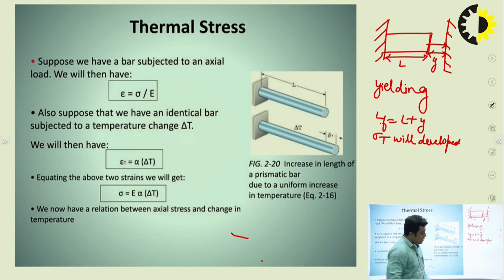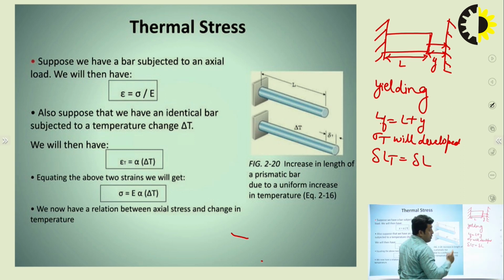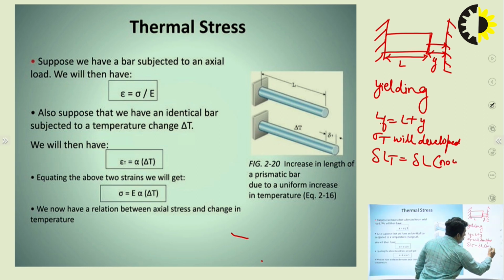Now, for solving this, what are we going to write? Previously, when there was no yielding, we wrote delta LT equal to delta L. No yielding means fully restricted.